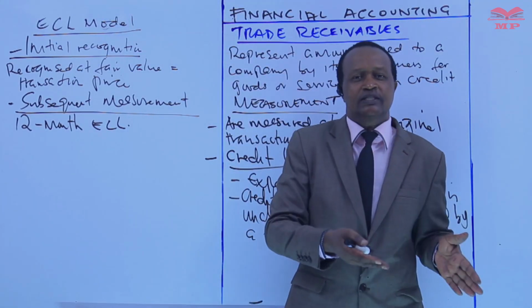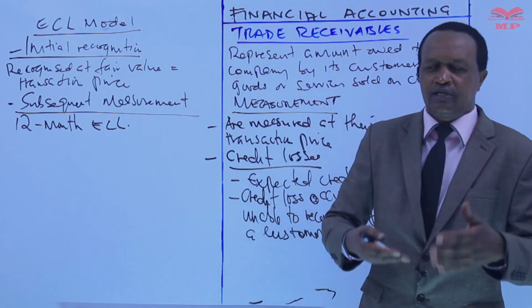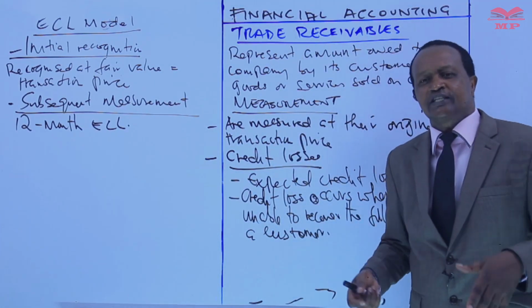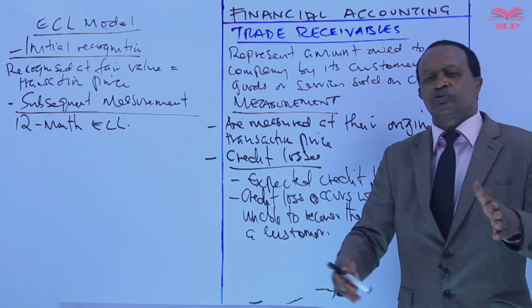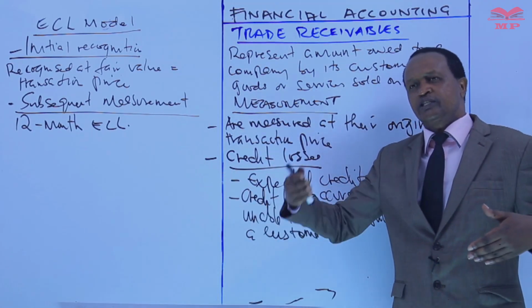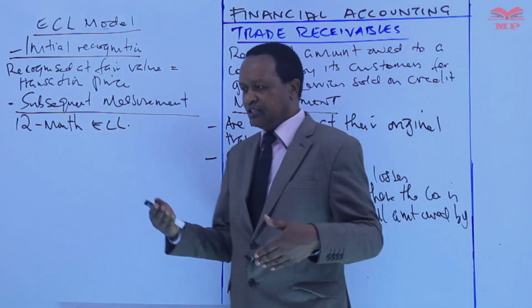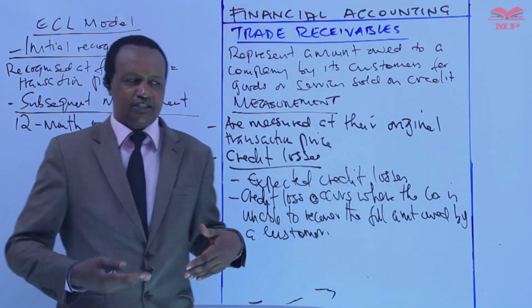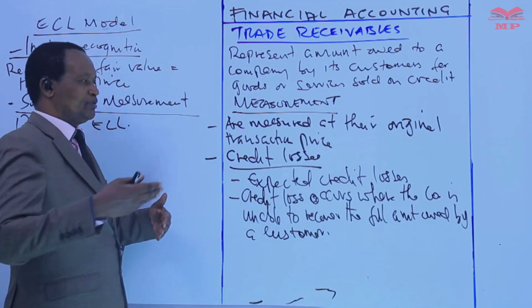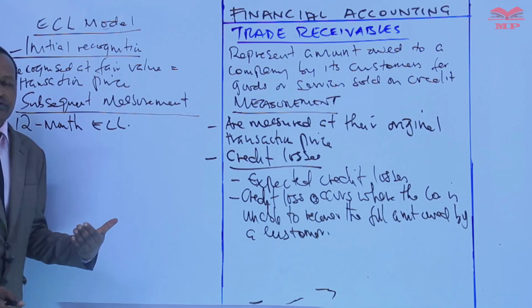That involves considering factors like changes in economic conditions and specific information about the debtor. If you get information that the debtor is bankrupt, is unable to pay debts, has been taken to the courts, or has closed the business, then you are required to write off such a debtor.